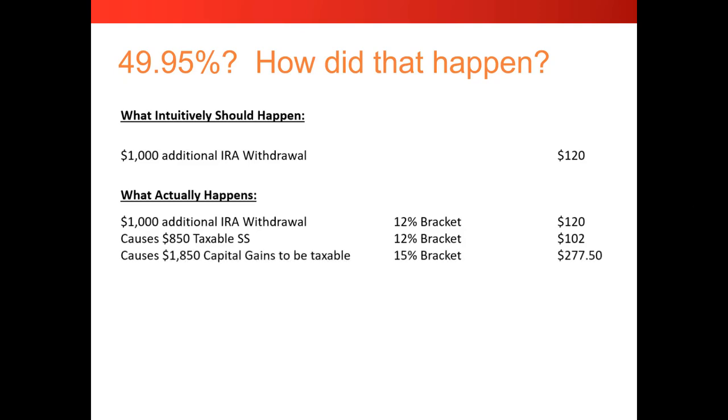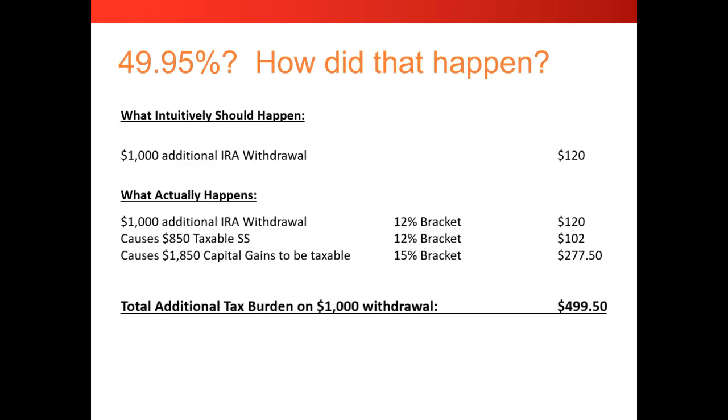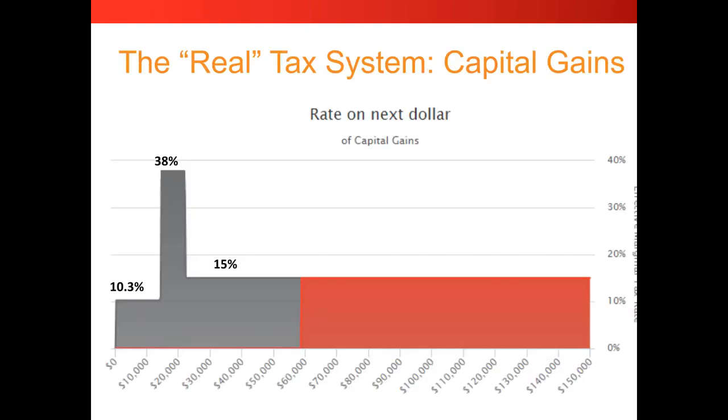Finally, that additional $1,850 pushes $1,850 of capital gains out of a 0% capital gains bracket and into a 15% bracket, creating $277.50 of additional federal income tax. So the total additional tax burden on that $1,000 withdrawal was almost $500, even though the client fell into the 12% bracket.